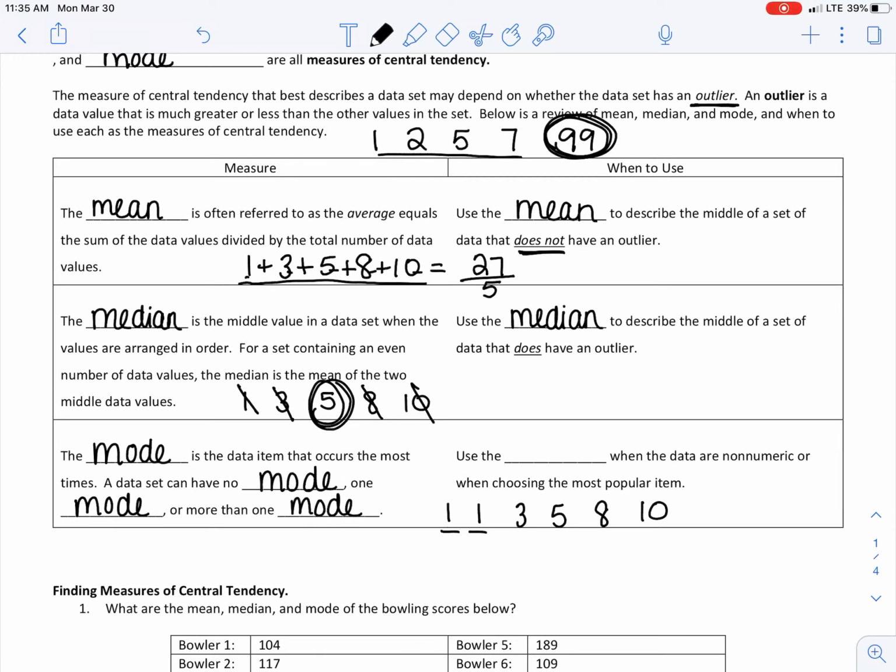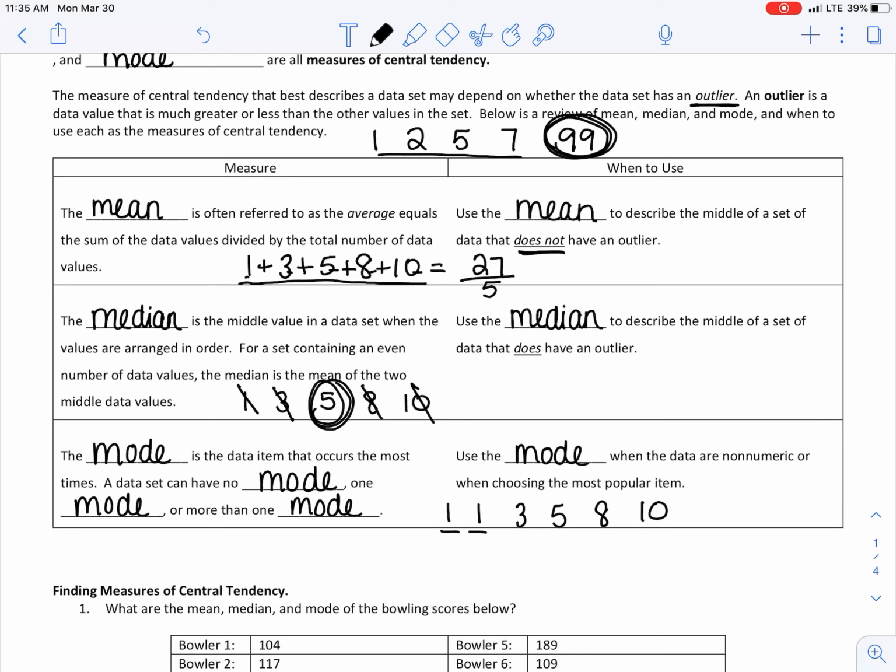Okay, so we use the mode when the data is non-numeric, or when choosing the most popular item. So what that means is if we were choosing our favorite color and we polled our class and said, okay, what's your favorite color? And we had 15 people who said blue, 5 people who said red, and 2 people who said yellow.